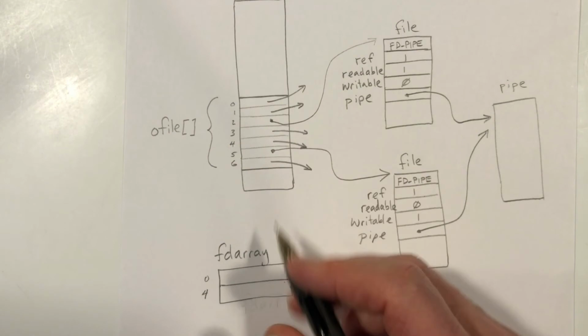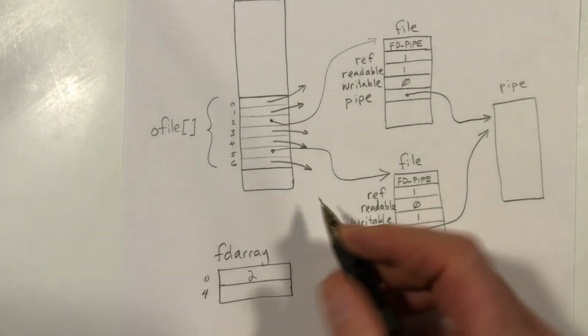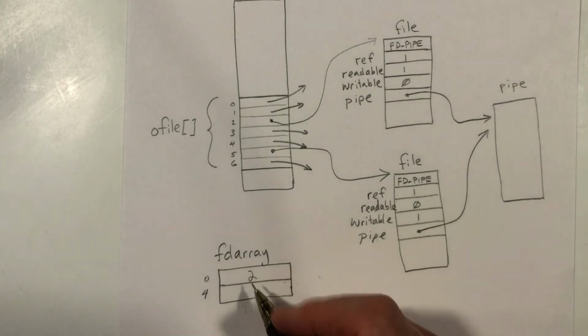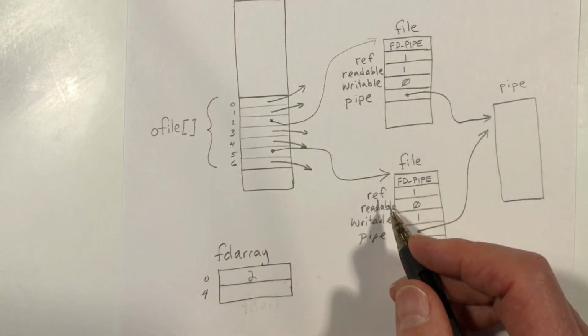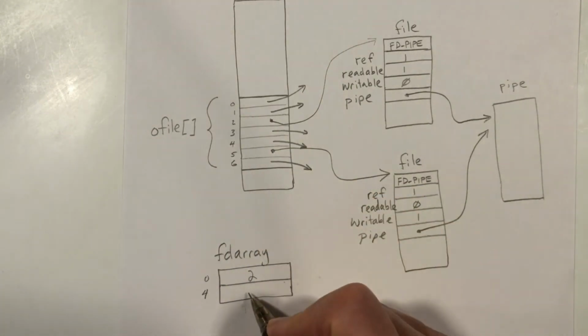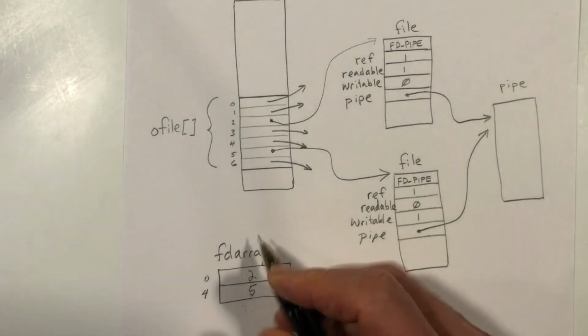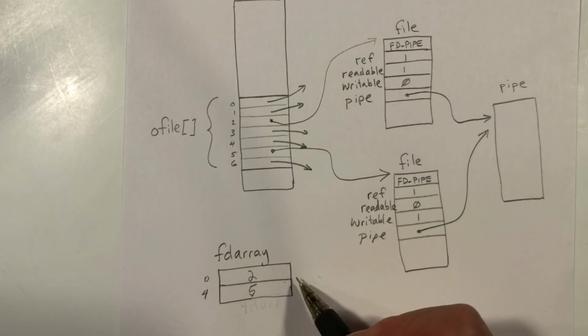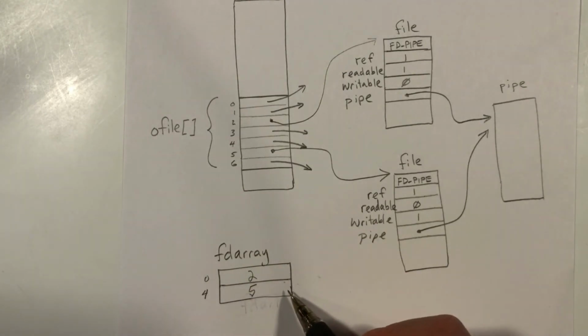Well, that was 2, so we'll save 2 here. And then it will save in the second slot of this array the file descriptor it used for the write end, which was 5. This array is a fixed size array of 2 elements. Each one is big enough to hold an integer, so the total size of this array is 8 bytes, at least in xv6.